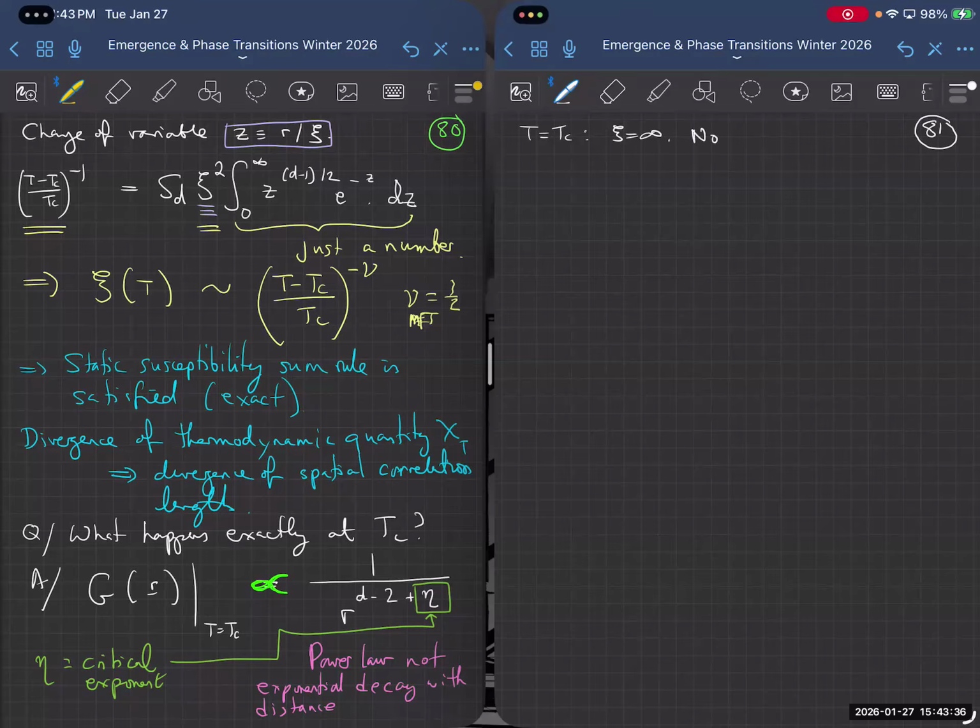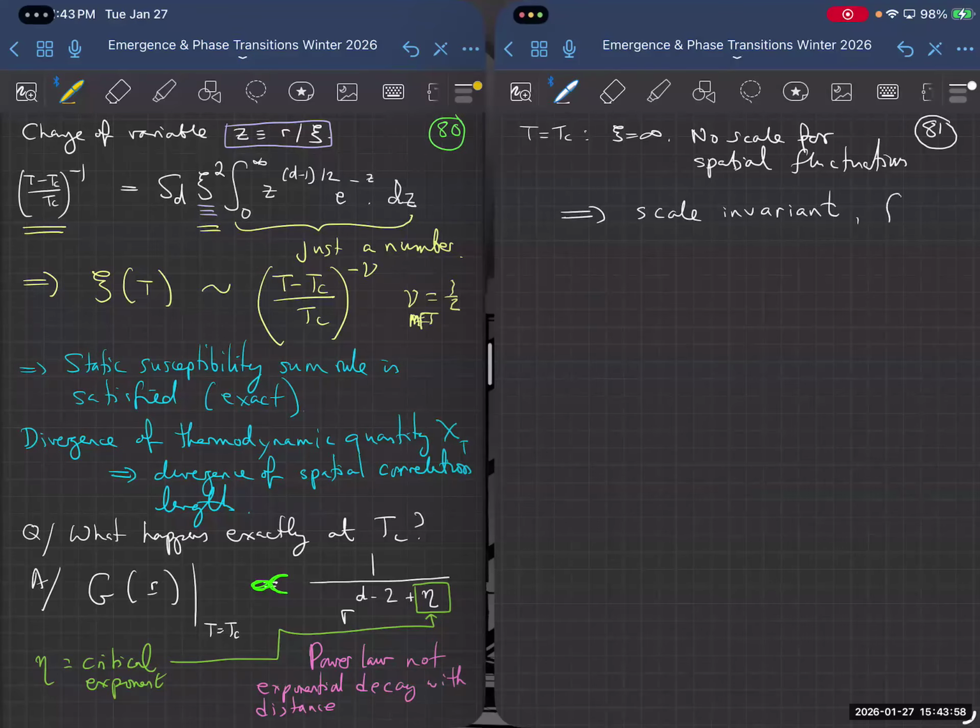So there's no scale for spatial fluctuations, which means the system is now scale invariant. It has scale symmetry. It's fractal.